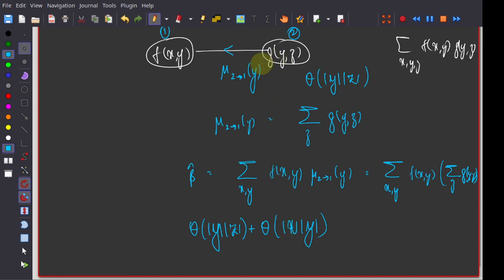So the complexity of each local function is determined only by the number of variables it has, right? And that is what is happening in each step. So the complexity is determined by the maximum number of variables in each local function and the total number of edges, because for each edge you have to compute a message, right?